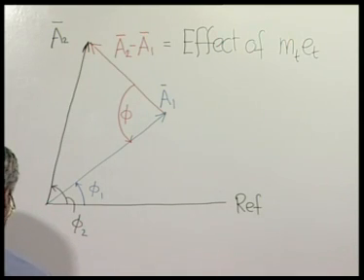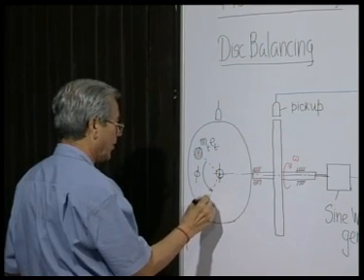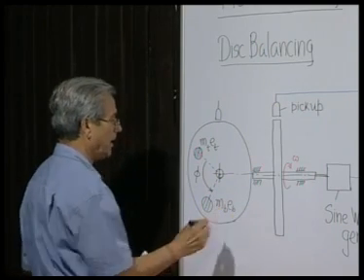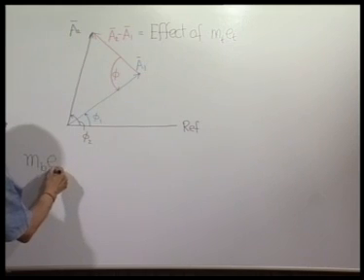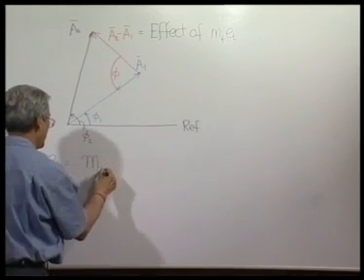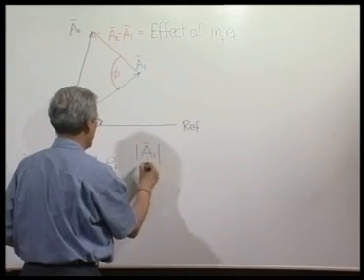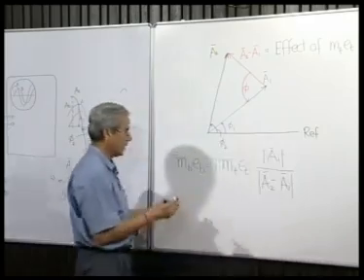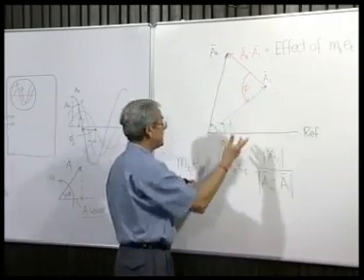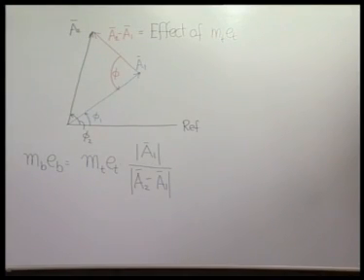If we rotate this by an angle phi and put our balancing mass m_b e_b here, and m_b e_b is such that the magnitude of the one vector by the magnitude of the other, then this m_b e_b, its effect will completely neutralize the effect of the original unbalance, and the vibration produced in the system will be 0.